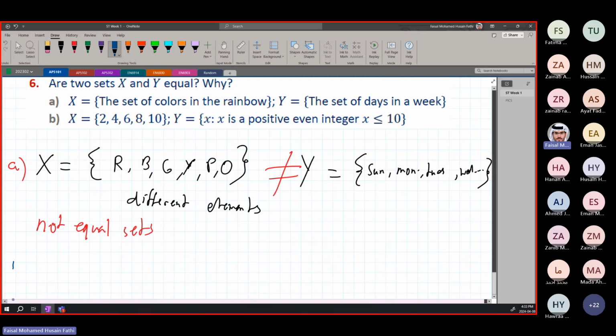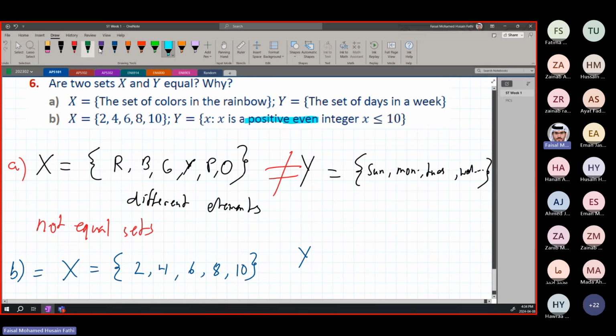So part B, we have X is 2, 4, 6, 8, 10. And Y is a positive even integer, and y is less than or equal to 10. So we're going to start with the first positive number we know, which is 2. And then a positive even integer, so 2.